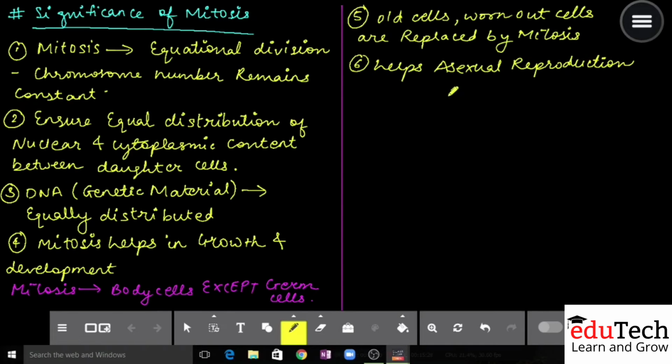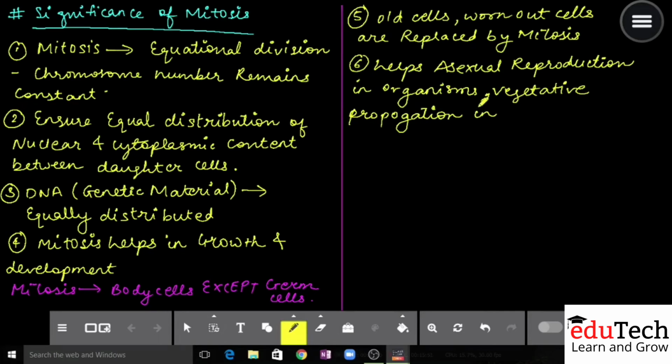Various organisms, specifically lower organisms, can show asexual reproduction, and mitosis can also help in vegetative propagation in plants. Yes, here also it helps. Okay.